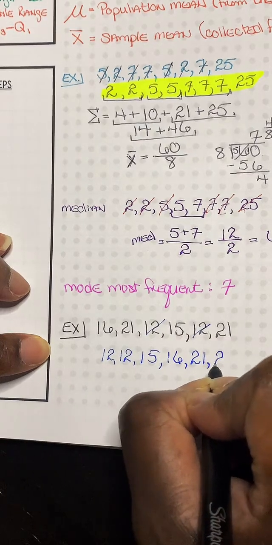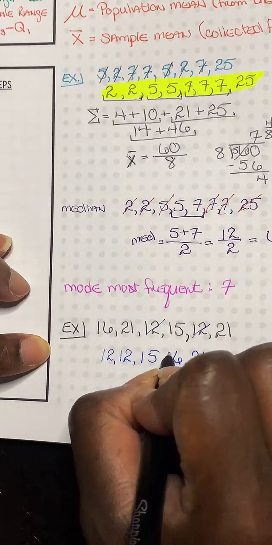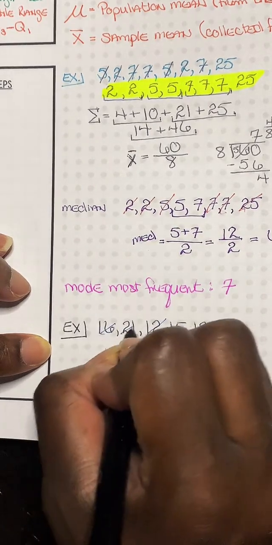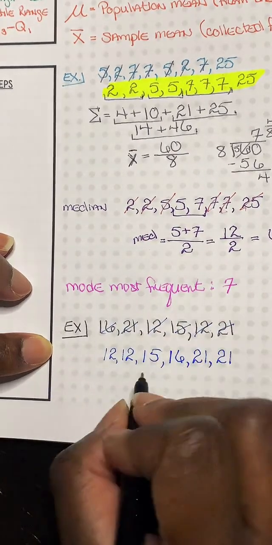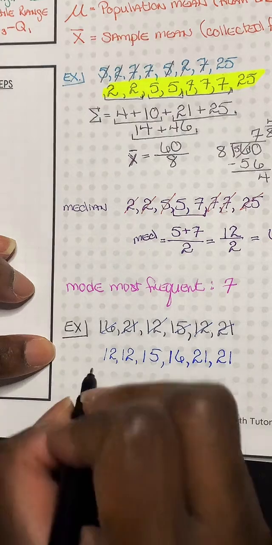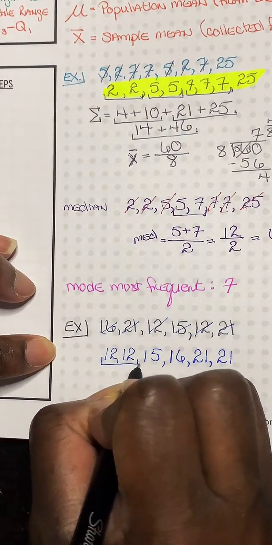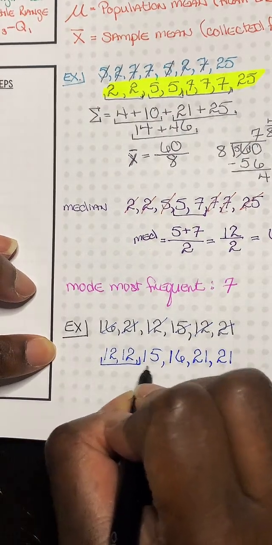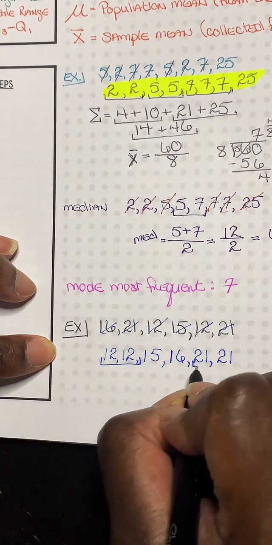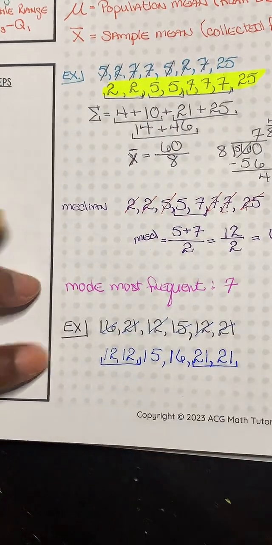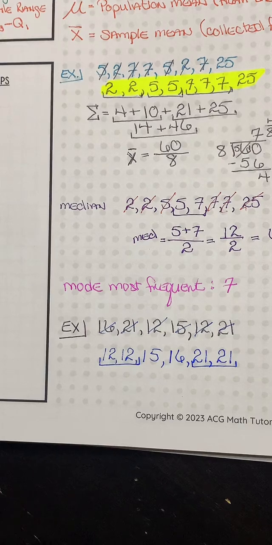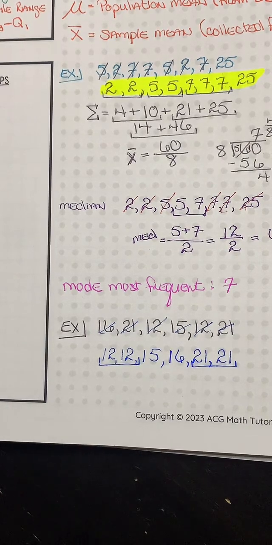And there's 2 of them. So if I want to add them without a calculator, we got our 12s, we got a 15, 16, and we have to add up our 21s. So this is for us to find the mean. And then yes, we are going to be dividing by 6.